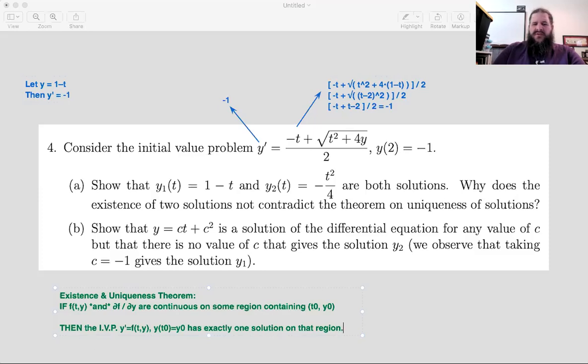So in order to conclude that the then part is true, which it isn't in this case, we'd have to know that the if part is true. So let's check the if part.